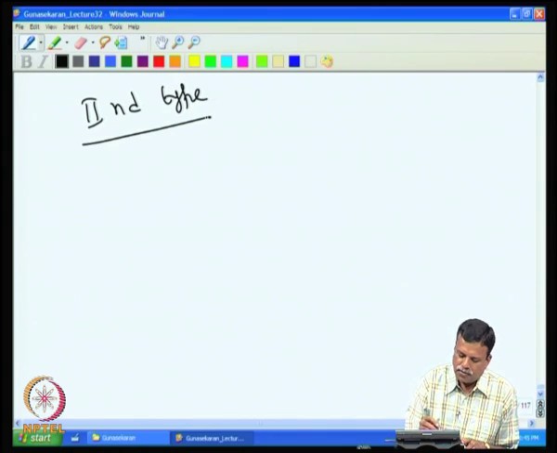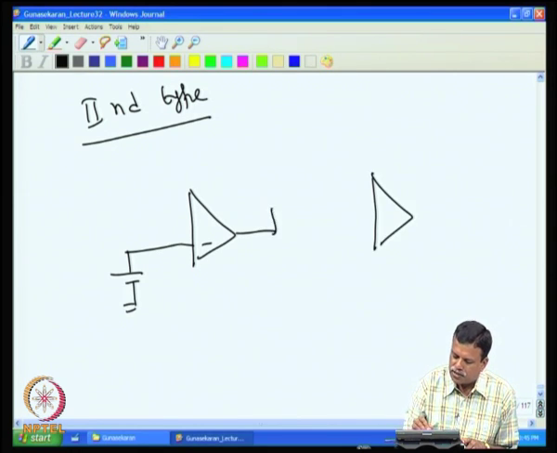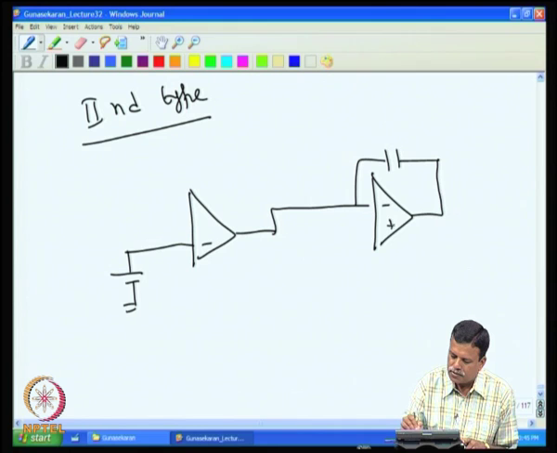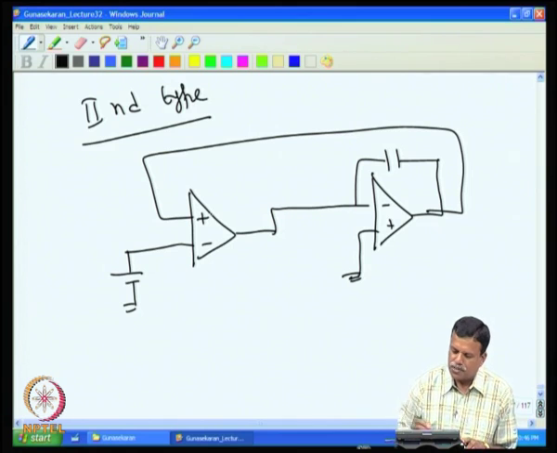Now, there is another type of sample and hold amplifier, the second type. Here the input voltage can be given here, then we can have a capacitor being charged, and this is given to the plus input of the amplifier.